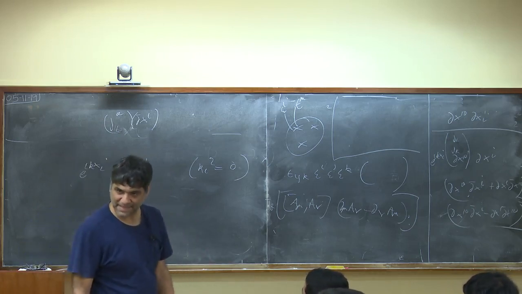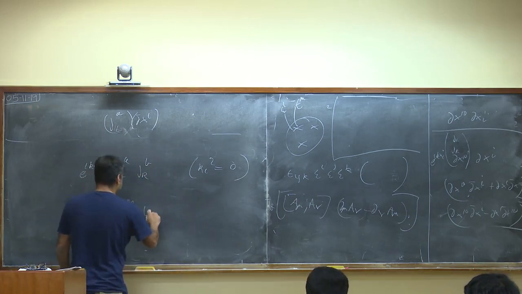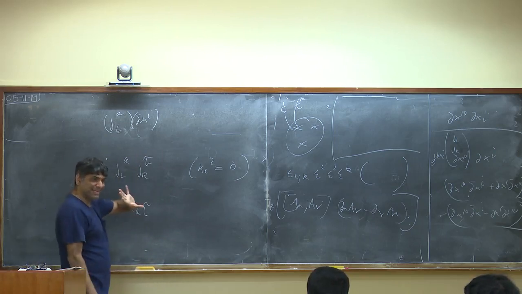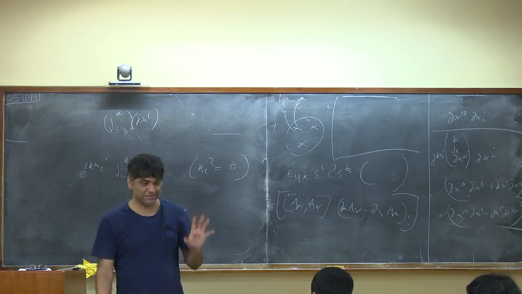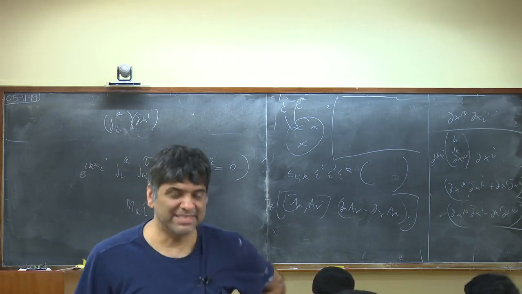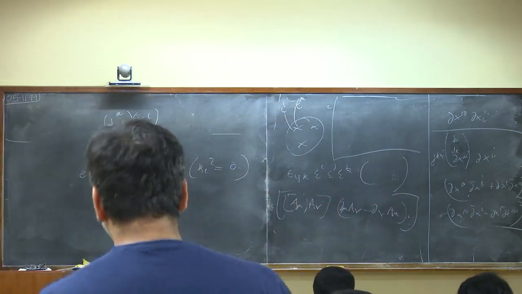In fact, the best way to think of this is a matrix M_AB. Let's call this B tilde. The first index transforms like a 3-dimensional representation of the first SU2, and the second index transforms like a 3-dimensional representation of the second SU2.